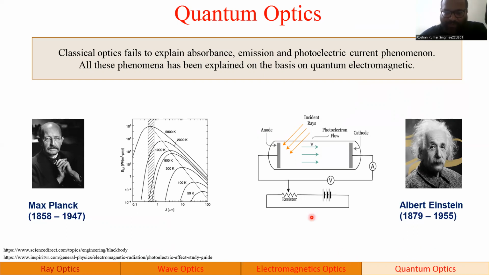The two scientists who worked in this field are Max Planck and Albert Einstein. Max Planck quantized the nature of radiation. According to Max Planck, the energy is quantized in the form of frequency. Albert Einstein showed that it is not only radiation; it also applies to light.